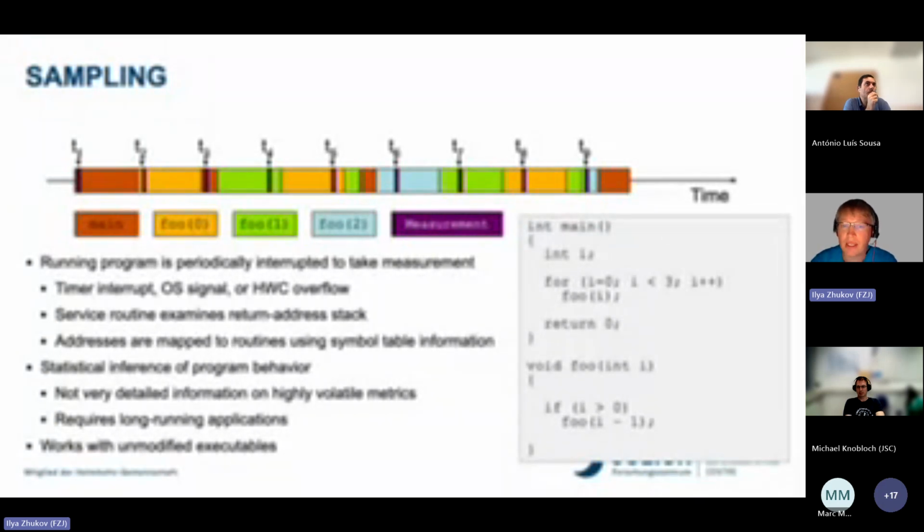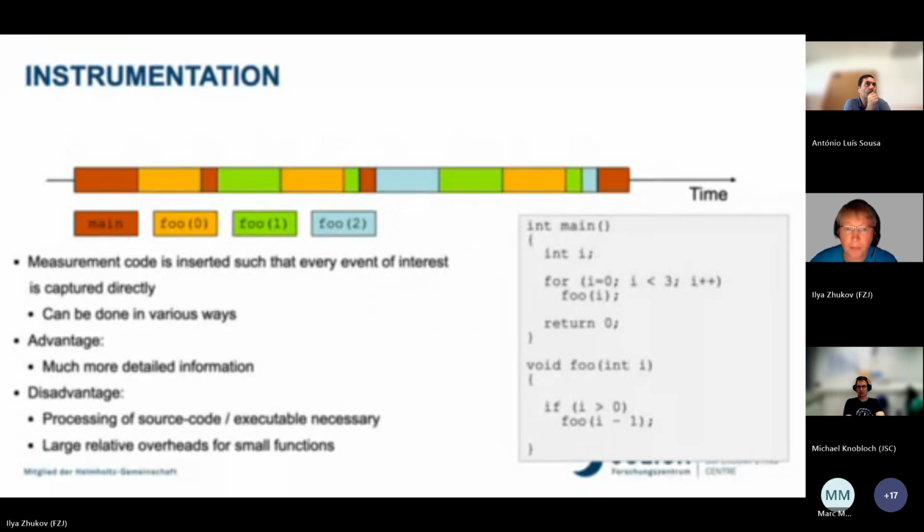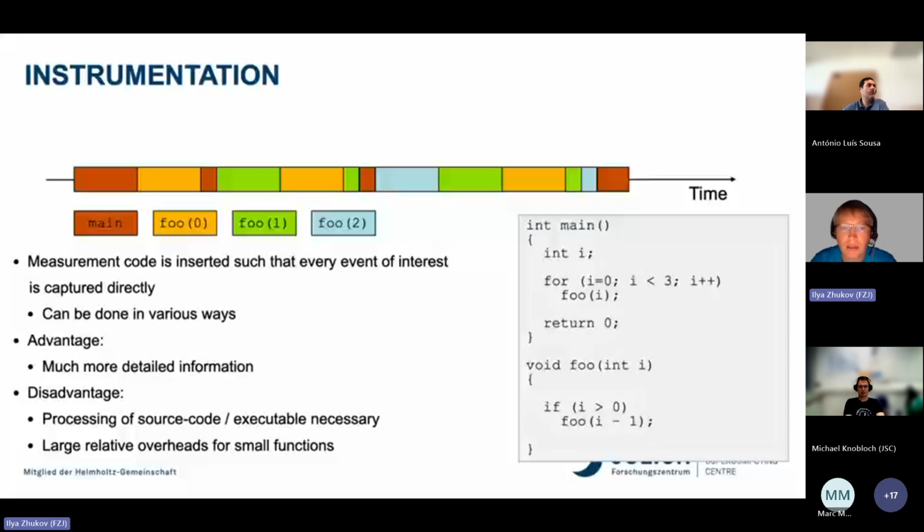Now let's compare sampling with the instrumentation technique. Again, we have the same example, the same main with the multiple foo invocations. Basically, what instrumentation does is insert special hooks for every event, at the beginning and the end of the event.